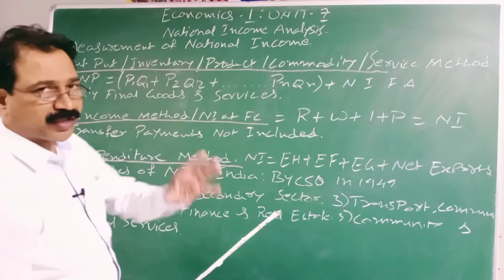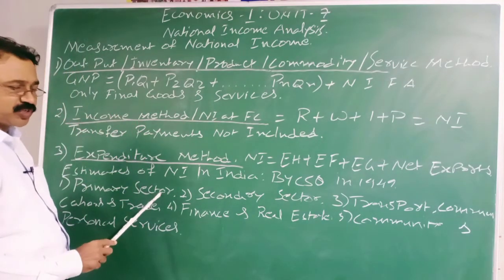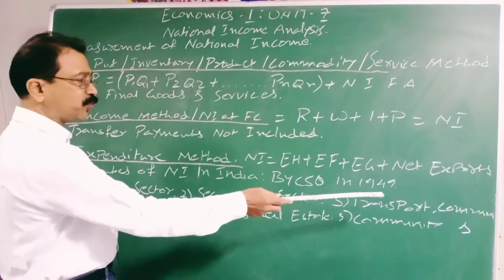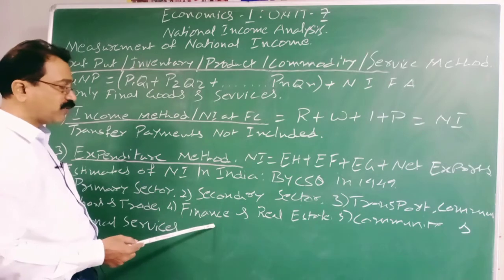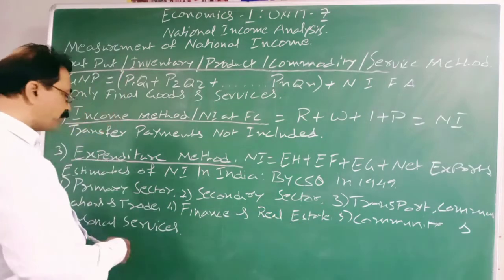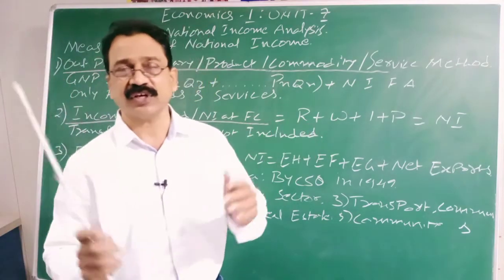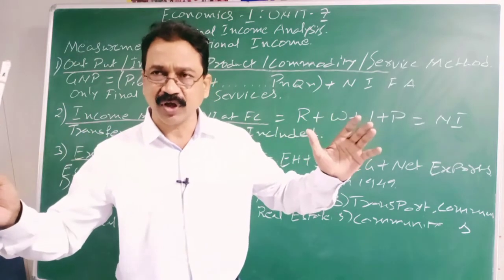Let me read those 5 groups again. The first group is primary sector, second is secondary sector, third is transport, communication and trade, fourth is finance and real estate, fifth is community and personal services. Under these 5 groups there are 13 different sectors, divided into 13 different divisions or segments.